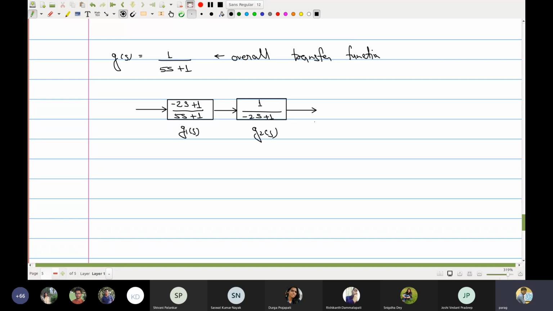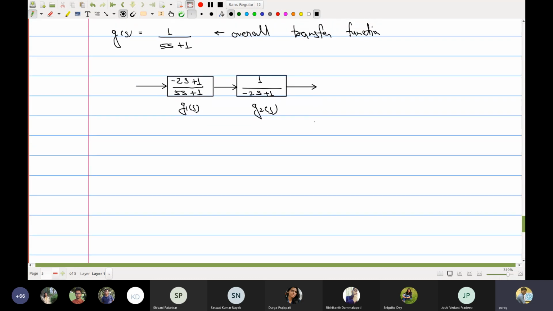We saw in the previous lecture that my overall transfer function G of S would be equal to G1 of S times G2 of S, which is equal to minus 2s plus 1 upon 5s plus 1 multiplied by 1 upon minus 2s plus 1, which is nothing but 1 upon 5s plus 1.